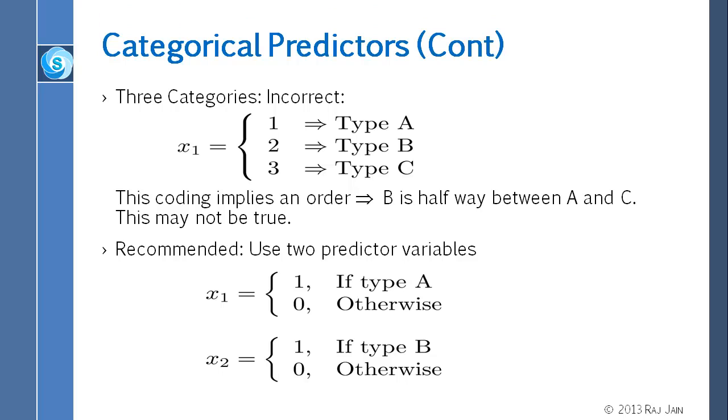Not log k, not log 2k or something like that. It's k minus 1. So basically that's why it is not ordered. When you have k minus 1 predictors, the first one says it is A, B, C, D, E, F, G, and the last one is, if none of those, then this is it. Right? So you're not using all possible values here. You're just using 0, 0, 0, 0.